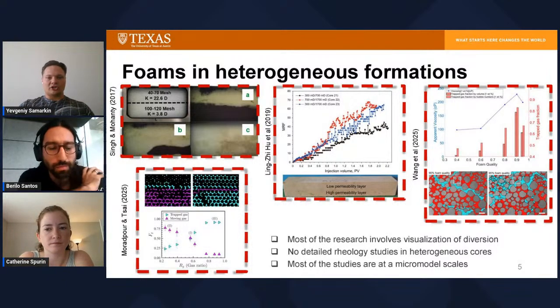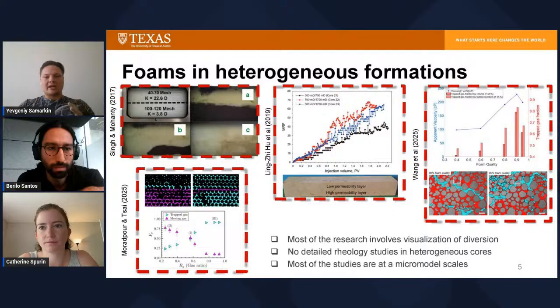However, researchers haven't tried to understand what actually happens to the rheology of the foam while it flows through that layered formation. The question is, if the foam flows through a layered formation, how is its rheology different from the foam that flows through one of the homogeneous layers, and so on and so forth.